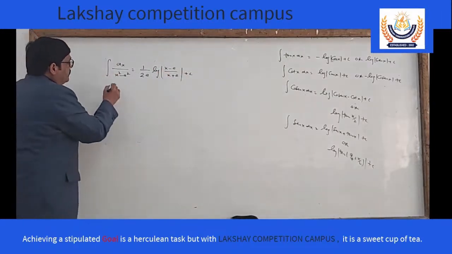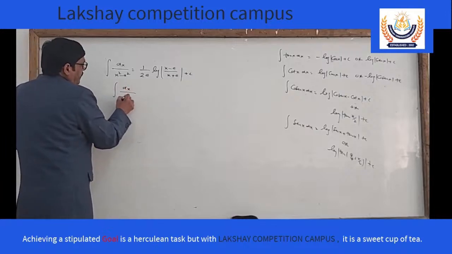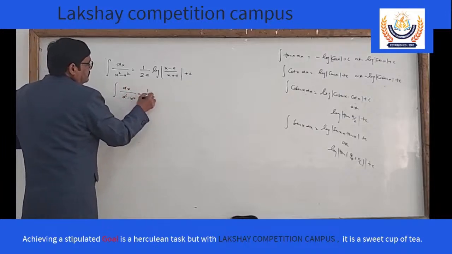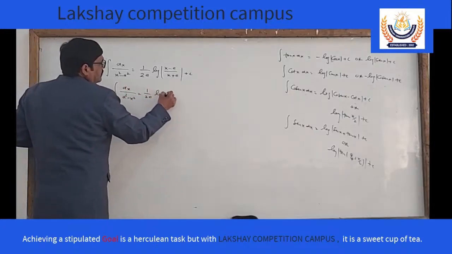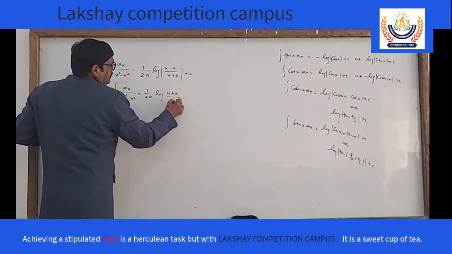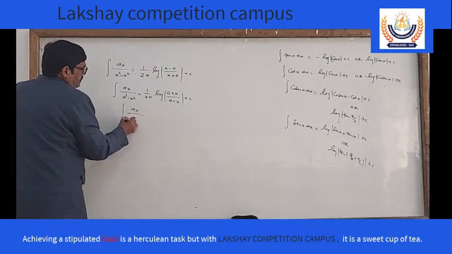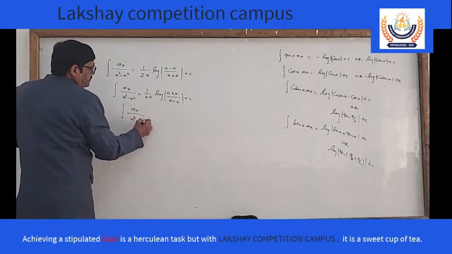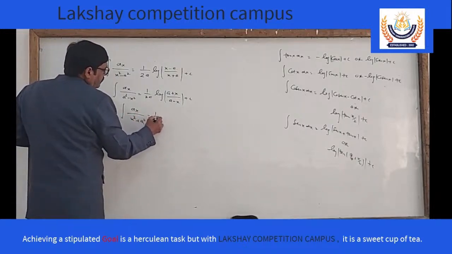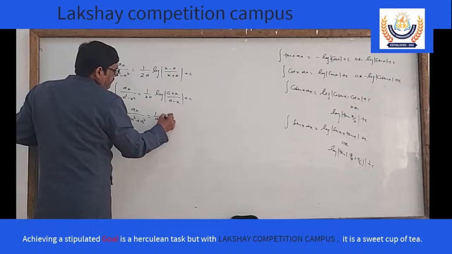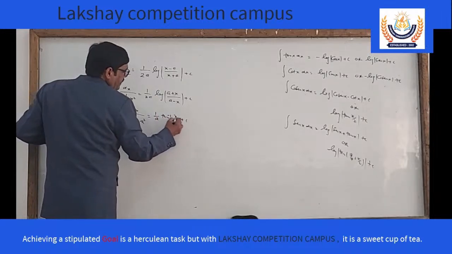Clear? Integration of 1 upon a square minus x square is 1 by 2a log of a plus x upon a minus x, plus constant. Integration of 1 upon x square plus a square, what is the formula? 1 by a tan inverse x by a.